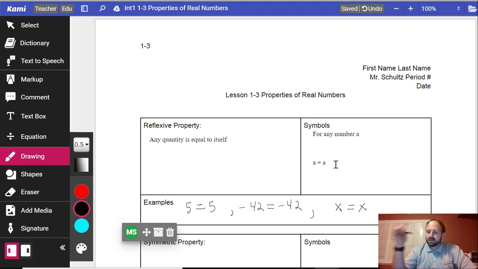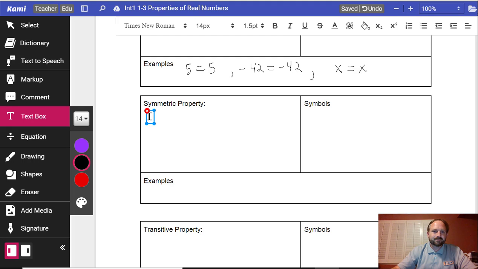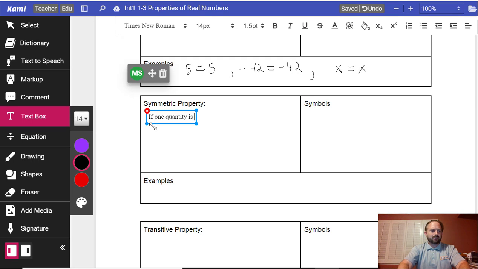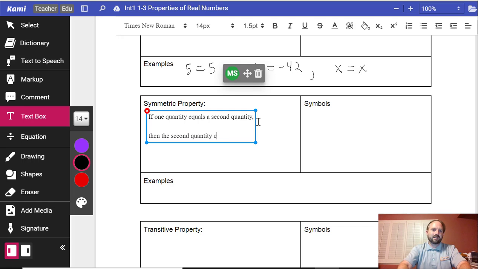Done. Now the symmetric property is a little bit more complicated. Let's write it in. If one quantity equals a second quantity, let's spell that right, quantity, then the second quantity equals the first.